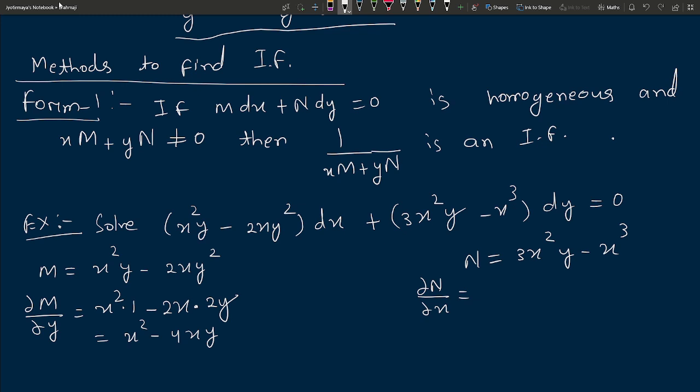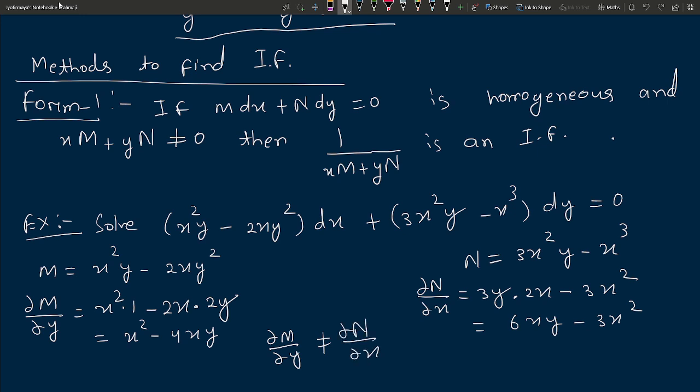So 3y is a constant, the derivative of x square is 2x, and the derivative of x cube is 3x square. What you have is 6xy minus 3x square. So del M by del y is x square minus 4xy, del N by del x is 6xy minus 3x square. So clearly del M by del y is not equal to del N by del x.